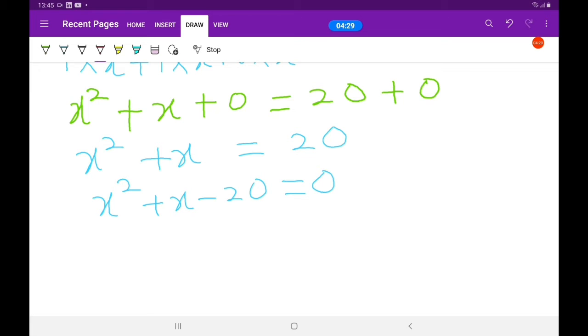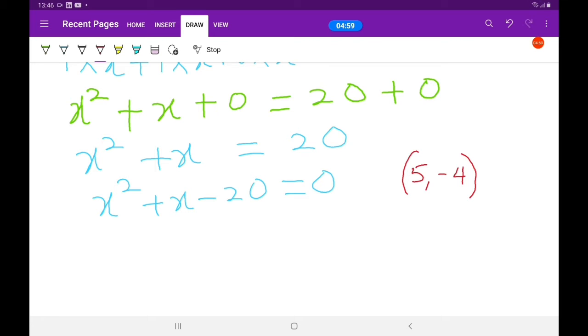Now you're going to look for 2 numbers or 2 factors such that when you multiply the 2 factors, you get negative 20, and when you add them together, you get 1, the coefficient of x. Now, what are the 2 factors? Good. The 2 factors will be 5 and minus 4. 5 times minus 4 will give us negative 20.